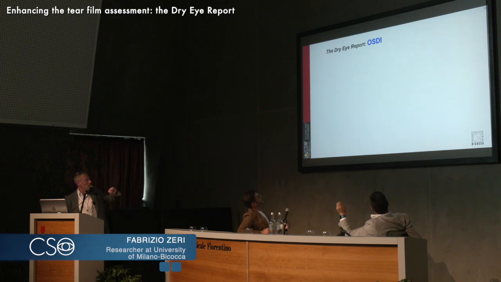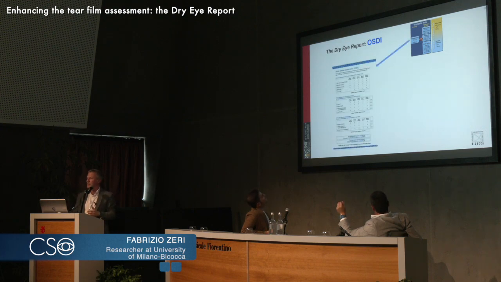Let's have a look at one of those. It's a brief overview. I think you are familiar with this. The OSDI, I think, is the most common questionnaire to assess dry eye. And it's very common in every language, even though, you come from every part of the world, for example in Italy, it has not been validated. So there is not a validated version of it.